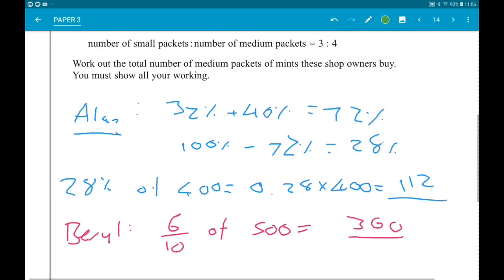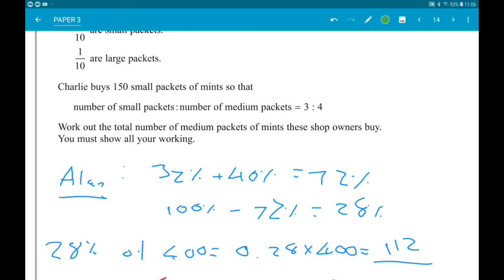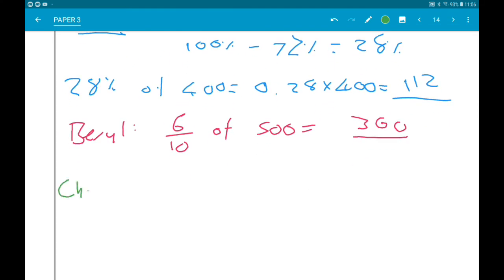Okay, then for Charlie. Charlie buys 150 small packets of mints, so that the number of small packets to the number of medium packets is 3 to 4. So for Charlie, small to medium is 3 to 4.